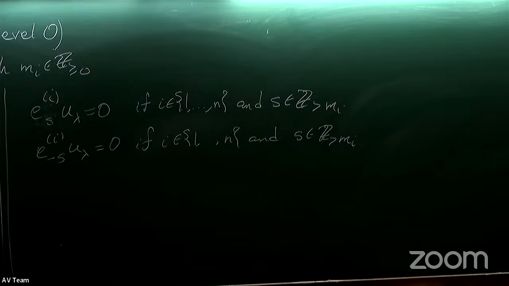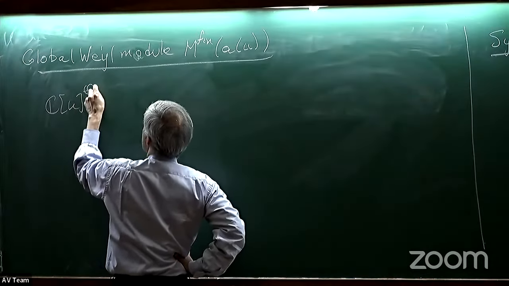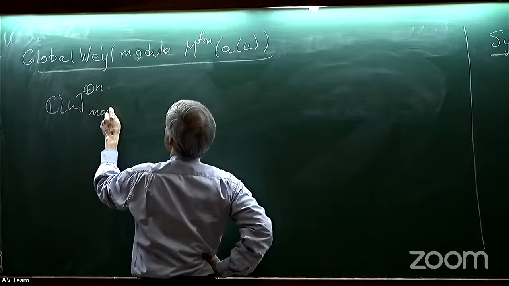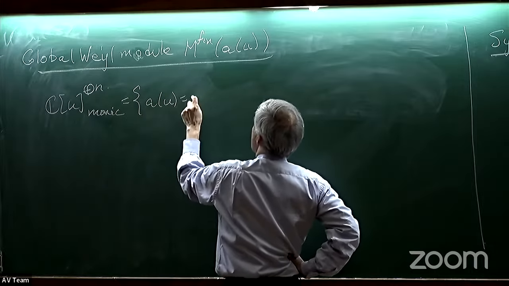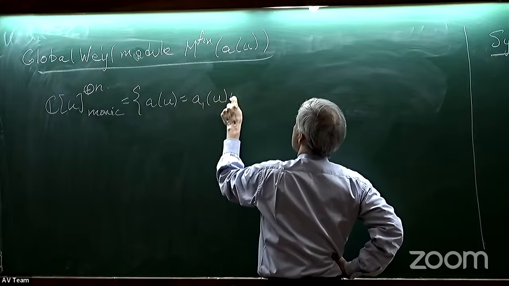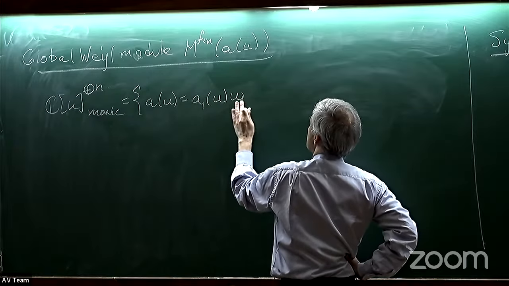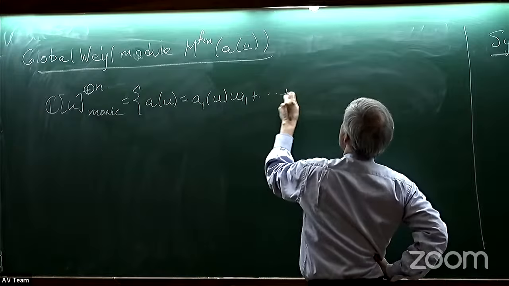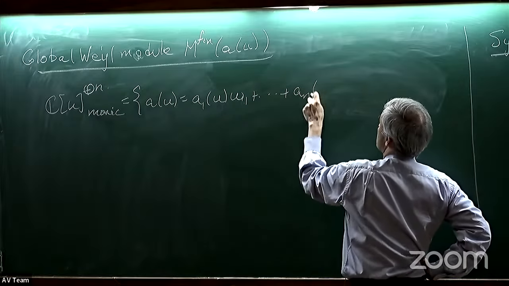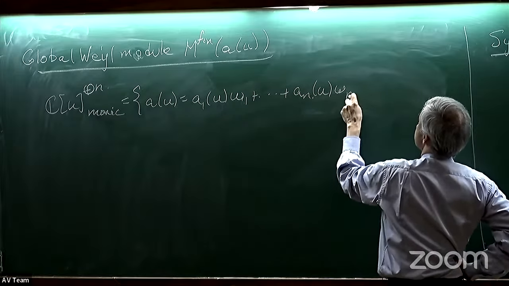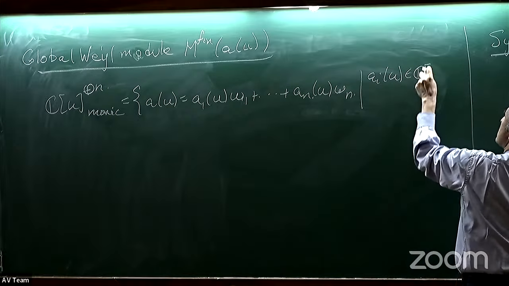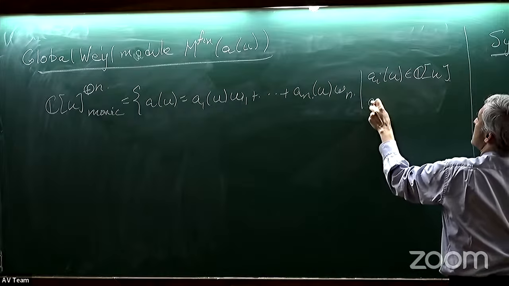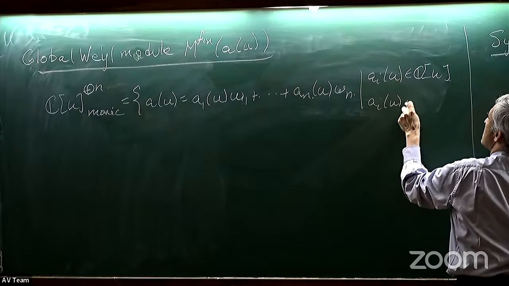So I remind you that C of U, we did it once before, but let me redefine it. Monic is, for me, the set of Drinfeld polynomials. And what is a Drinfeld polynomial? A Drinfeld polynomial is actually an n-tuple of polynomials. AI of U is a polynomial, which we can take to be monic.